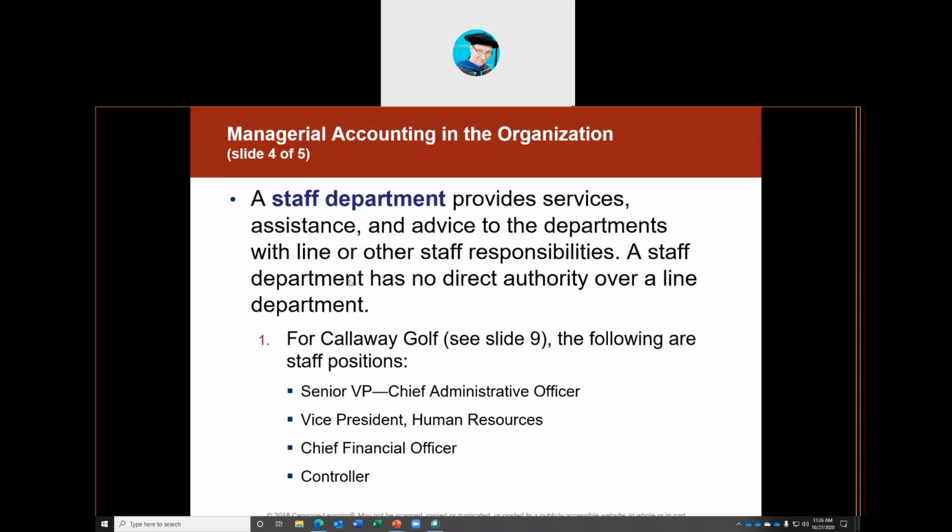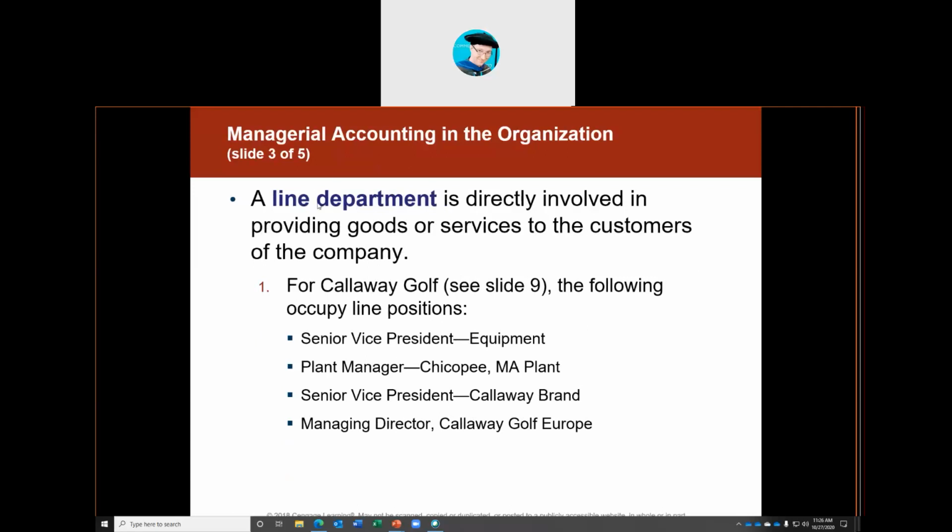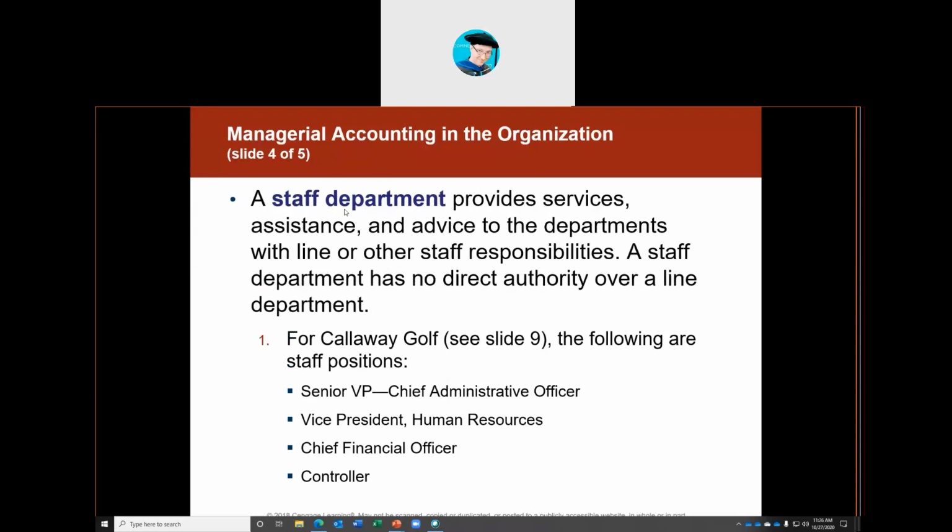In staff departments, these provide services, assistance, and advice to departments that are in other areas. When you hear line department, think of directly involved with customers. When you think of staff department, think of support.